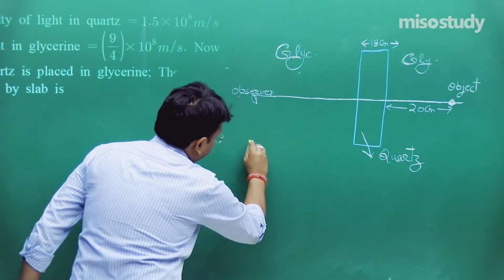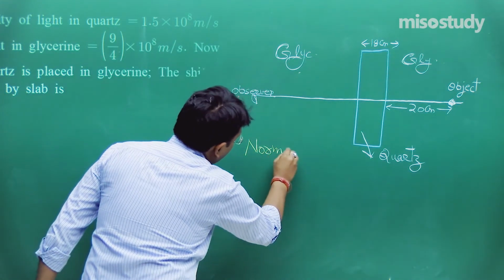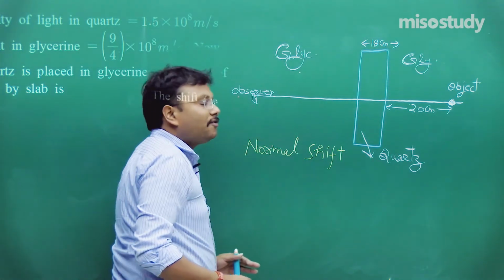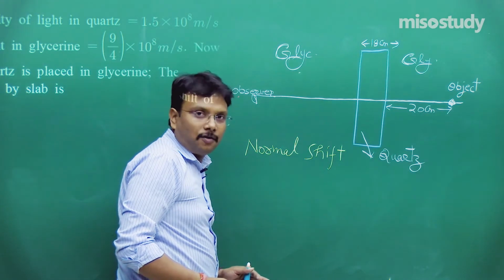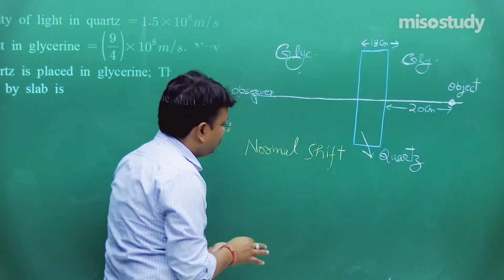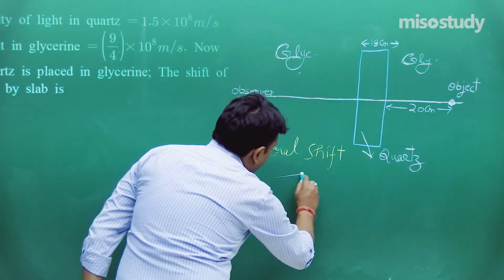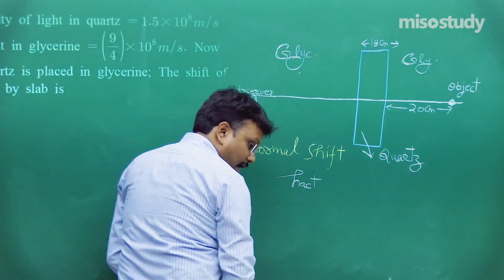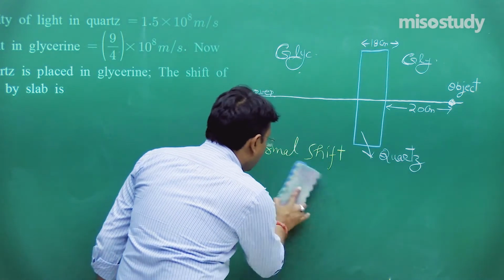That is normal shift. Normal shift means because of the change in refractive index, obviously the velocity of the path of light is going to change. Fine. So normal shift is h actual, that is just a symbolic representation, and this h is in suffix.